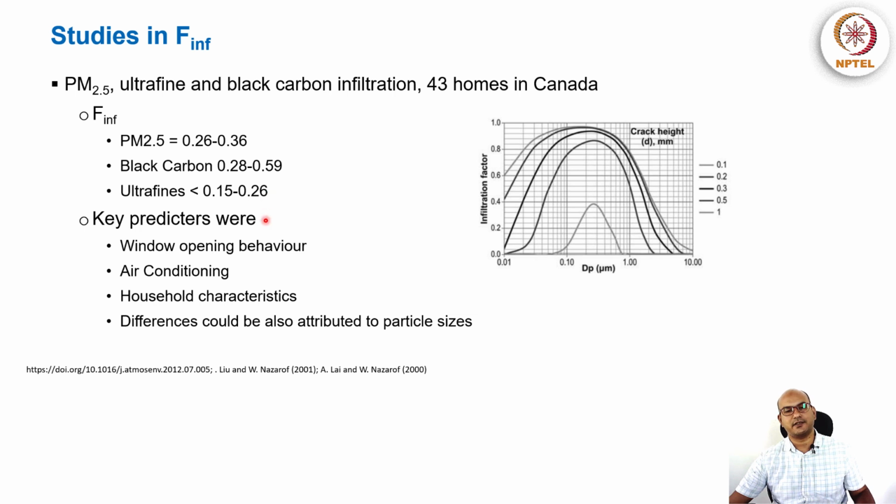The key indicators were the window opening behavior, which will affect the air exchange, same with the air conditioning. Then household characteristics, so again, what is the behavior, and also some differences due to particle size. Different particle sizes may also have different infiltration factors.